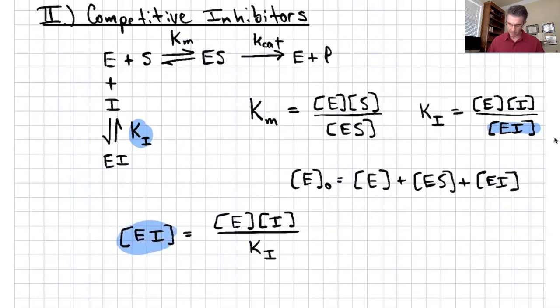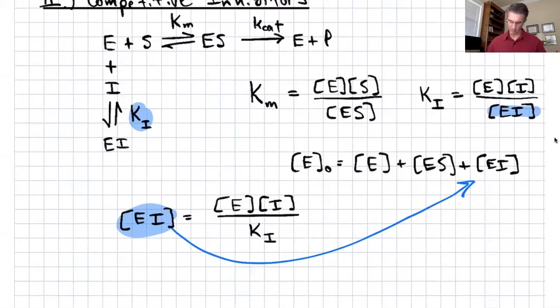Now we're going to take that and substitute it into this expression for total enzyme, because that's going to help us start getting rid of a variable. We'll have eliminated the variable of the enzyme inhibitor complex and replaced it with the definition it's related to, reducing our number of variables.